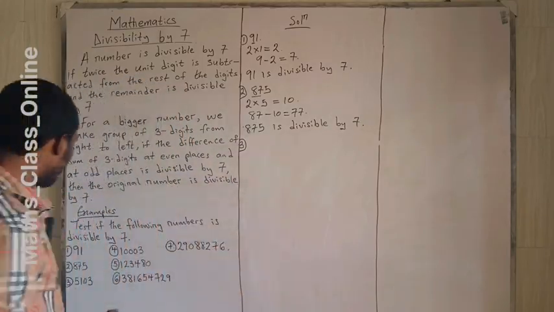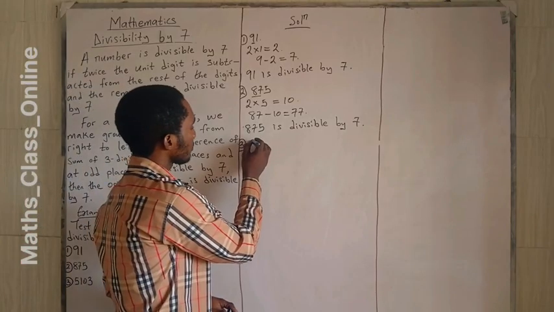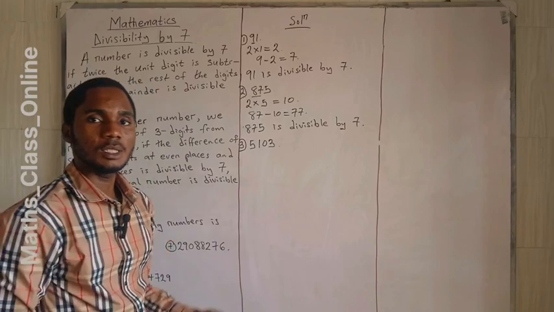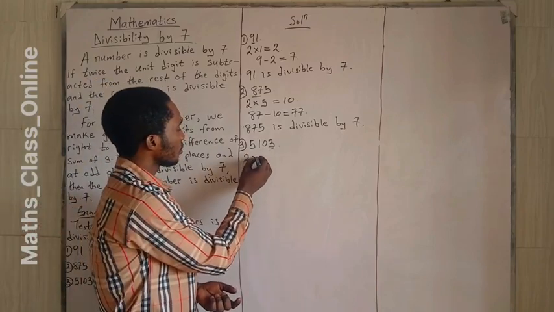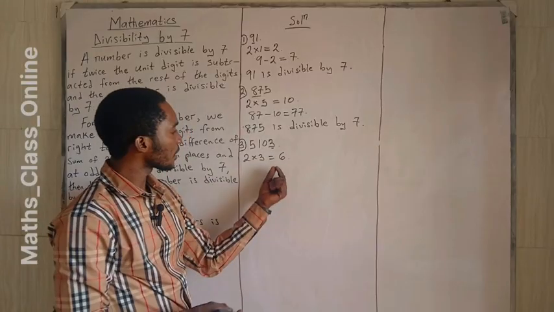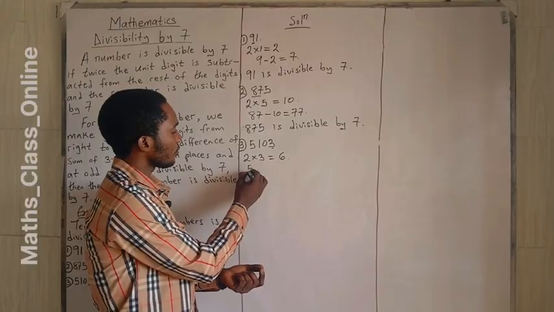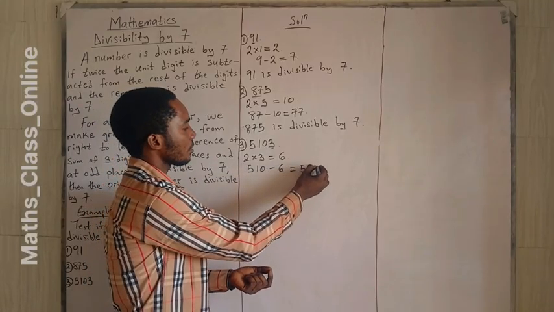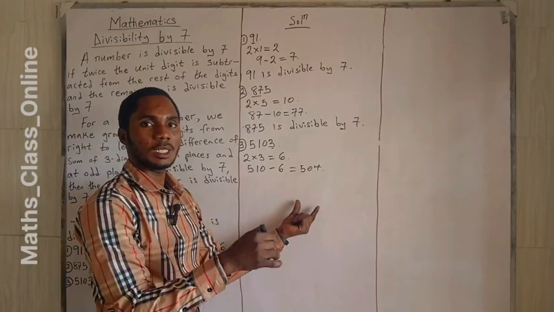We have the next example to be 5103. The unit digit here is what? 3. Double, 2 times 3 is equal to 6. We will subtract 6 from 510. 510 minus 6 is equal to 504. This is also a bigger number. Apply the rule again.